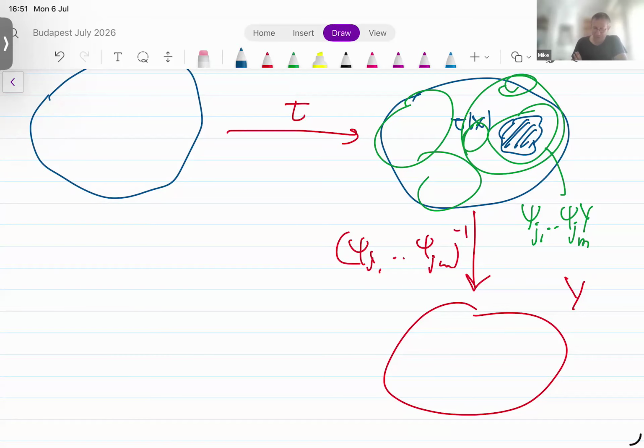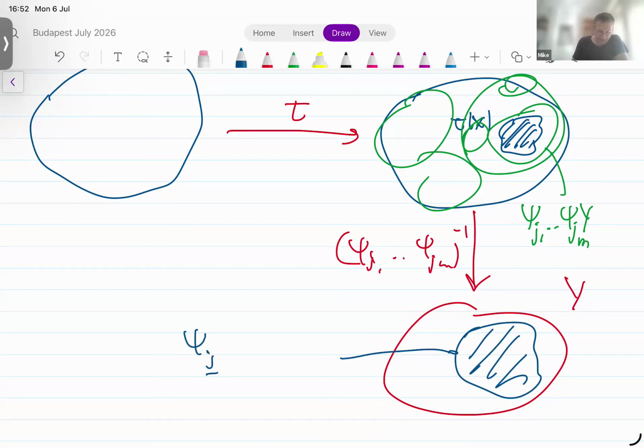So where were we? I was saying that we have the cylinder set of y, and it can be mapped back onto all of y just by applying the inverse of the maps that generate the cylinder, and that maps the image of x to somewhere. And this is another image of x, and this image now is psi j vector inverse of tau.